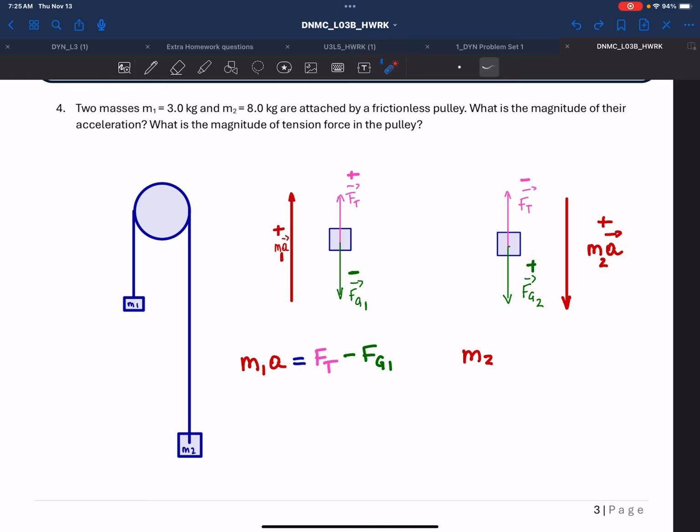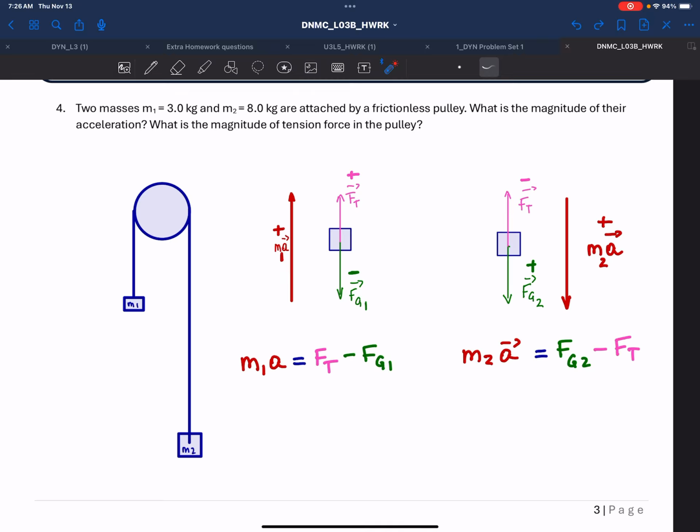We are going to write them down as well because it makes it easier when we formulate the equation that connects these three forces. So we're going to have M2A, which is the net force that brings the object down, equal to the sum of these two forces. So M2A would be equal to Fg2, which we considered as positive, minus Ft.